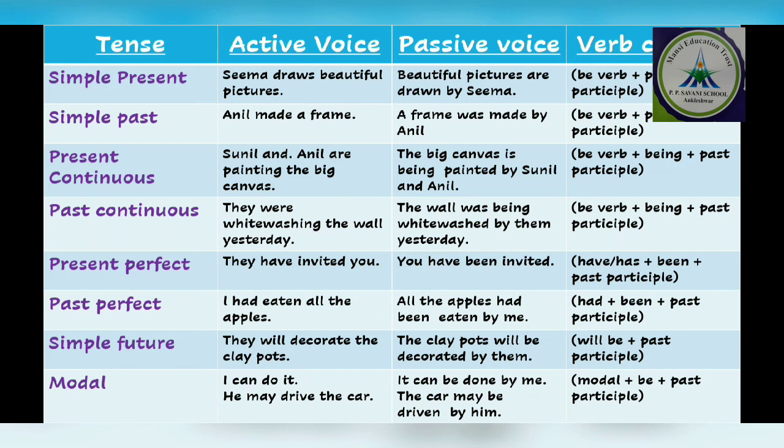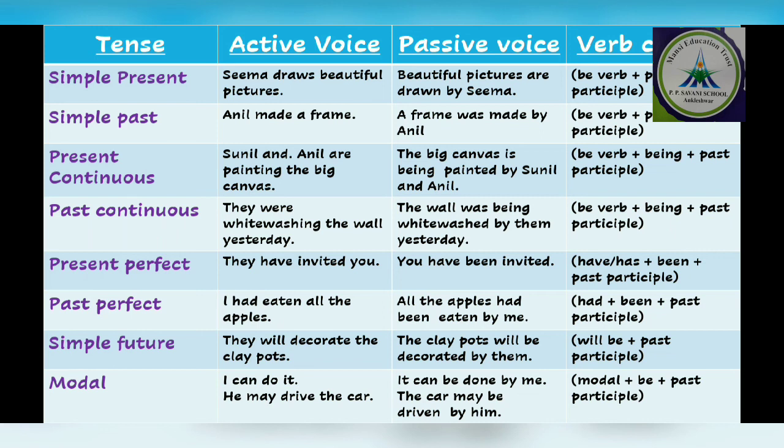Present perfect: they have invited you. You have been invited. Here I have not written the subject. It is understood, but you can write "by them." The pronoun will change, but sometimes in the sentence we can omit the subject, and if we do not have the subject, we can add it.